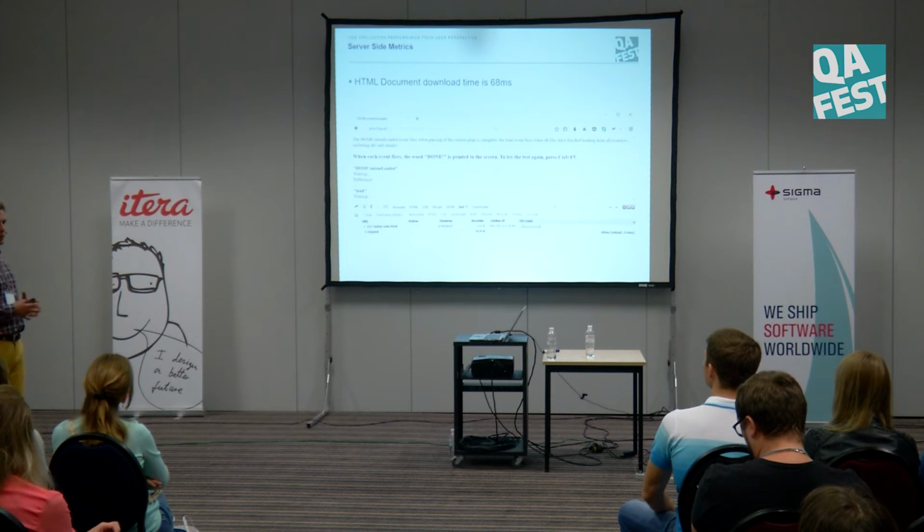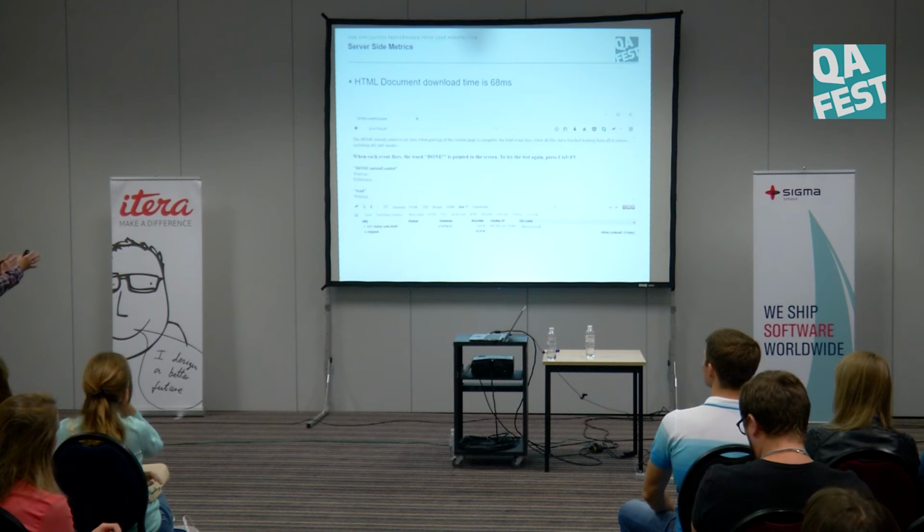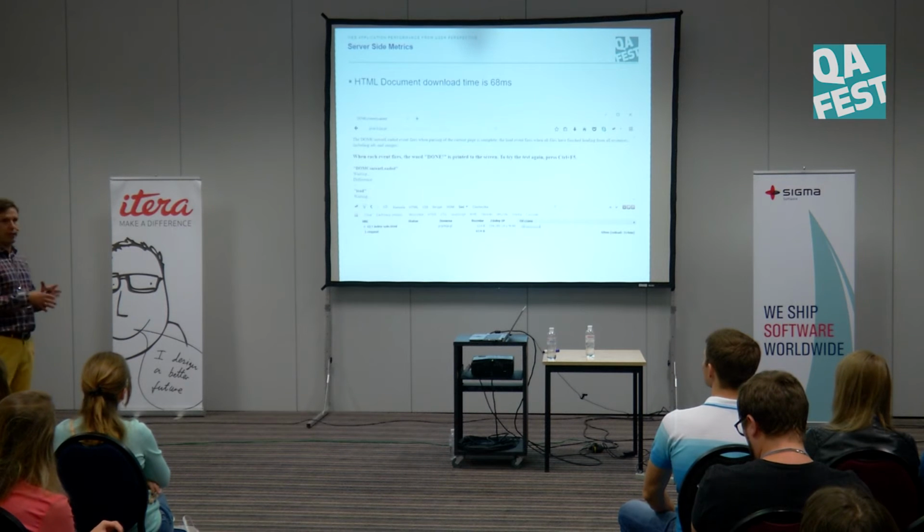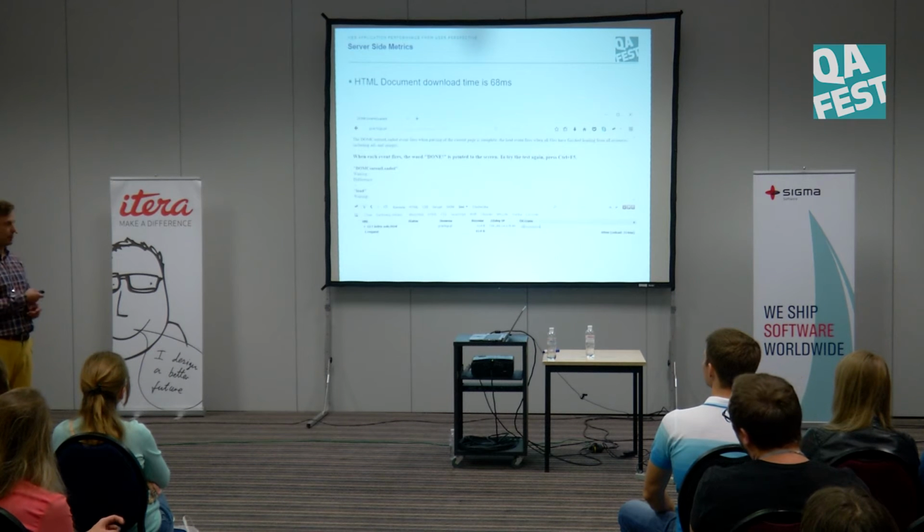And statistics provided by those tools give us results as if the page looked something similar to the example here. So we are concentrated mostly on resources, mostly on HTML documents, and what we are measuring is download time, which in this example is approximately 68 milliseconds.